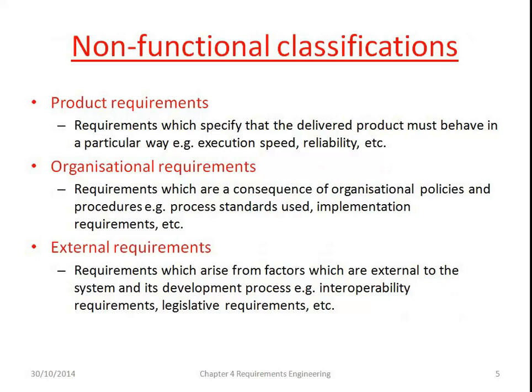The developed or implemented product must behave in a particular way, for example reliability, execution speed, so it affects the product throughout. Organizational requirements are the consequences of organizational policies and procedures, for example process standards used, implementation requirements, etc. External requirements arise from factors which are external to the system and its development process, such as interoperability requirements and legislative requirements.